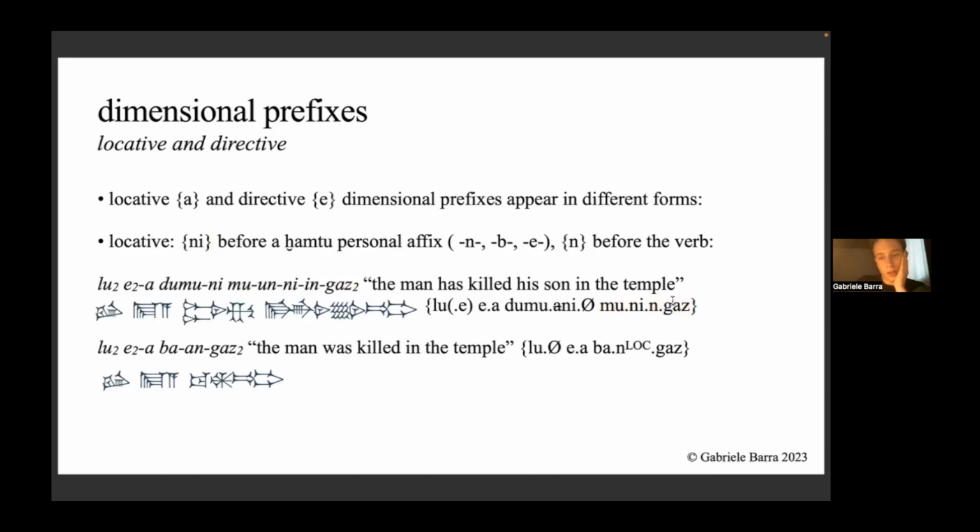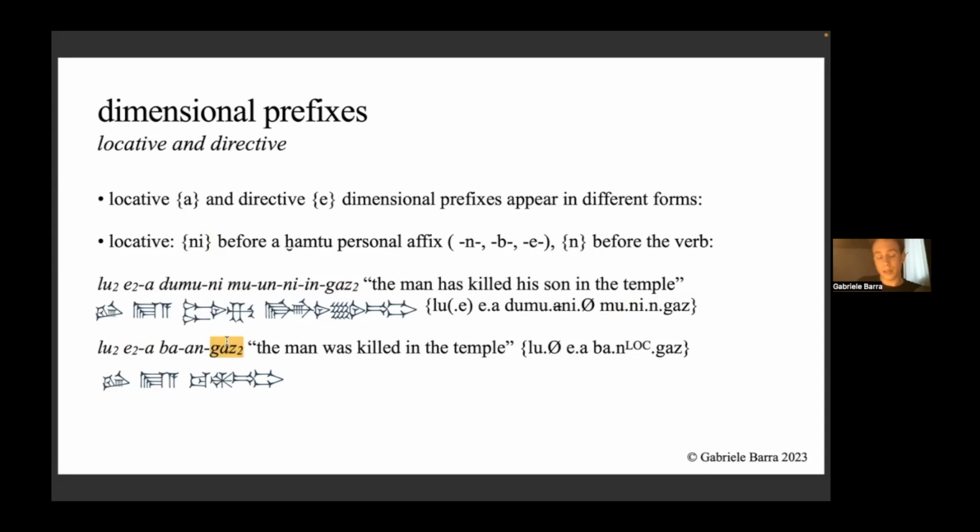So we have something again between the dimensional prefix and the verb, which is the n, so it looks like ni. Instead, in the following sentence, we have lu e, the man, e a, in the temple, ba n gats. So this is tricky. Let's go element by element. Lu, the man, e a, in the temple, and then we have ba n gats.